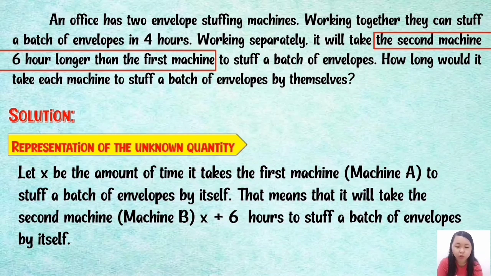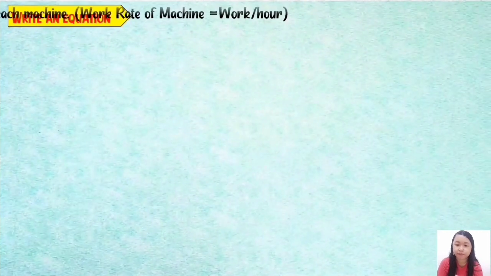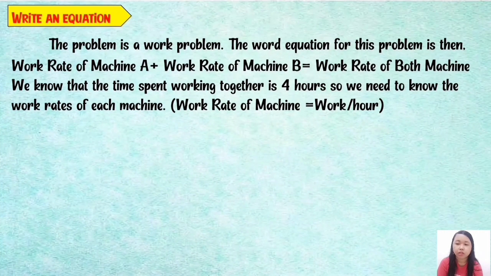That means that it will take the second machine, or machine B, x plus 6 hours to stuff a batch of envelopes by itself. So in this example, it is different from the first two examples. The problem here is a work problem.